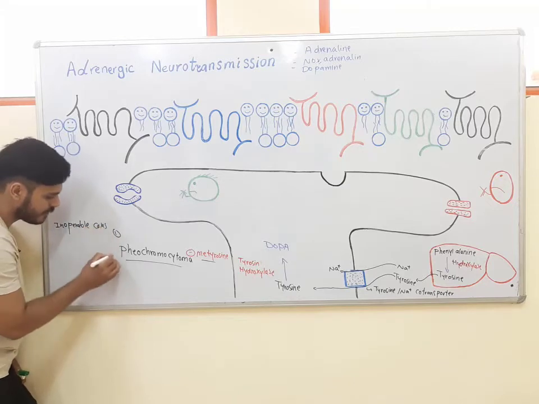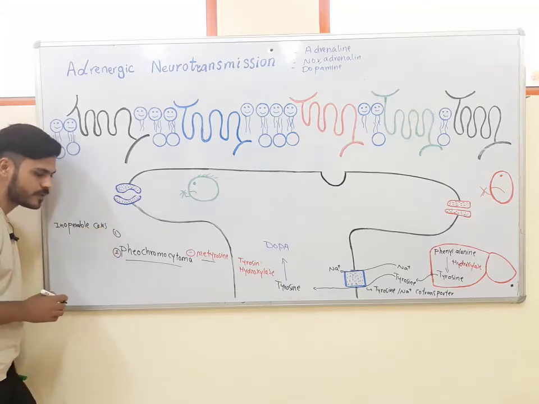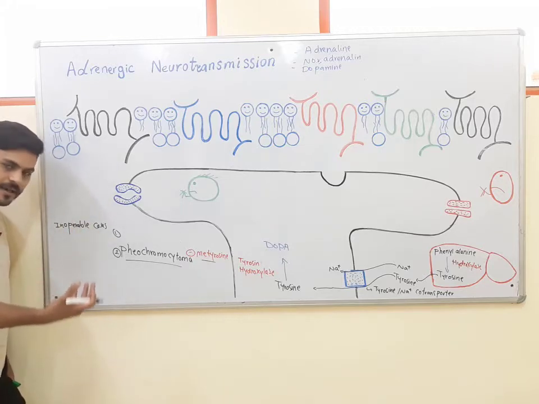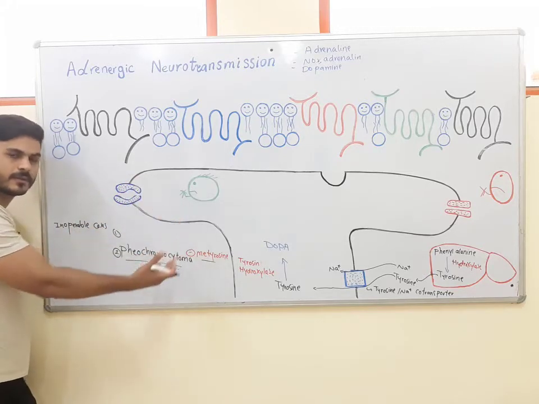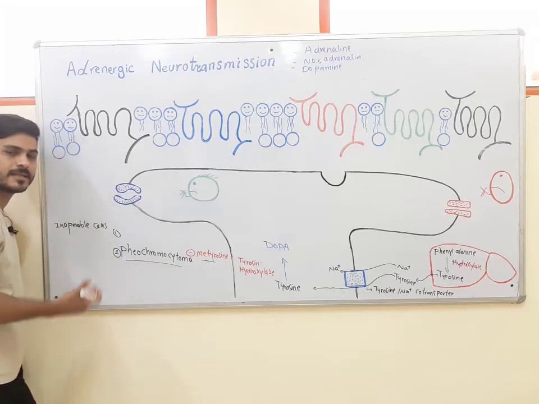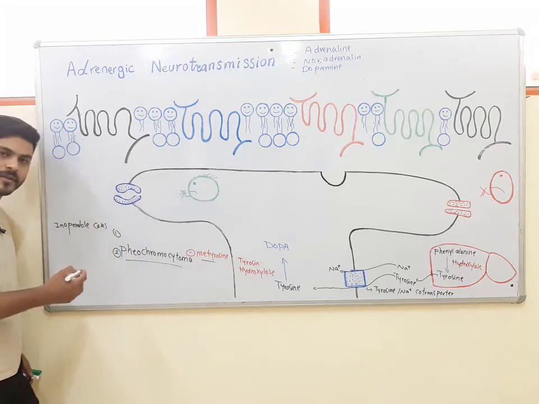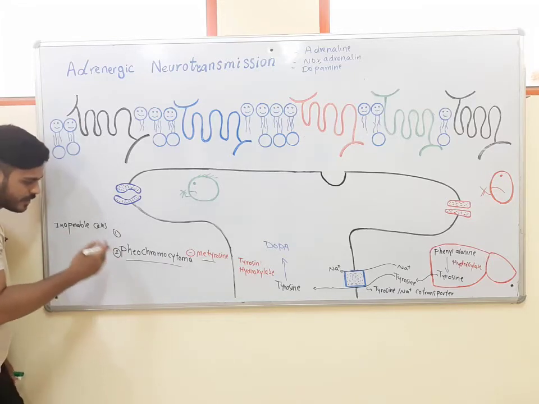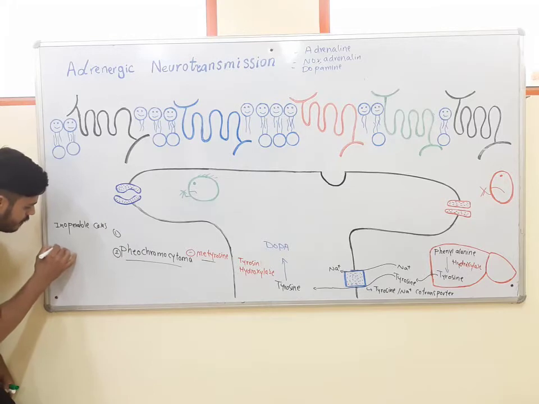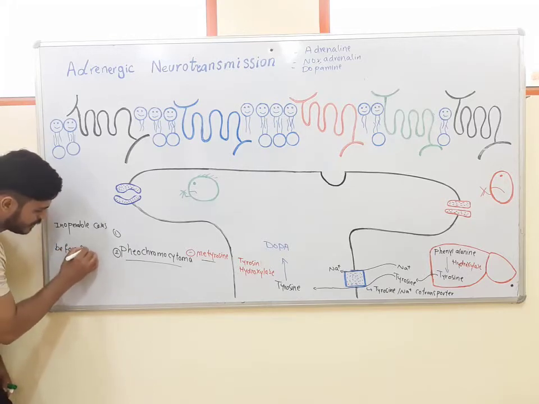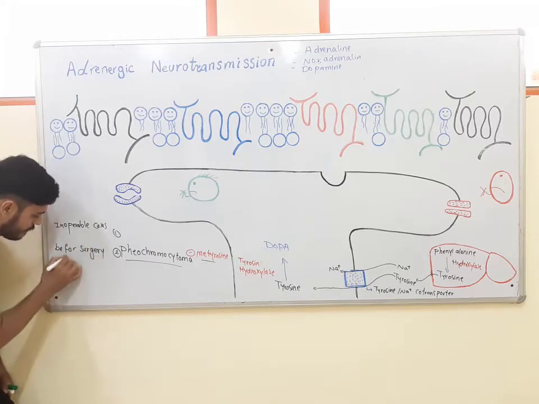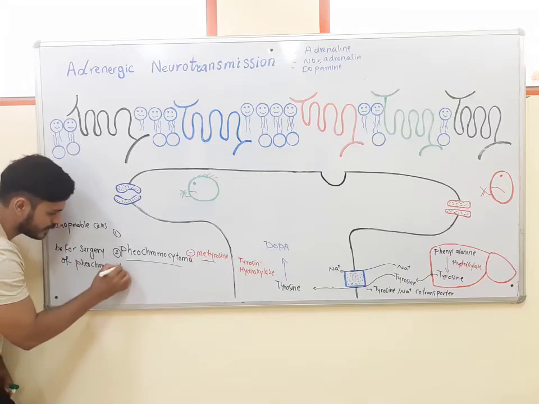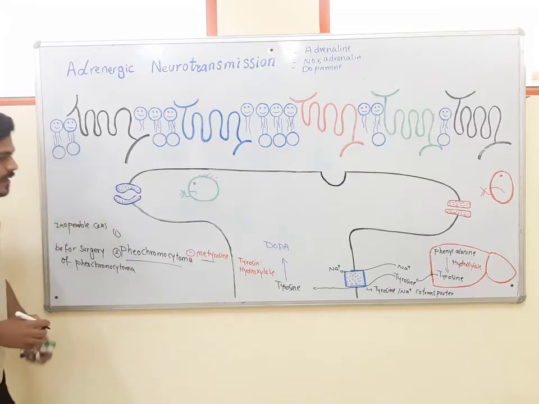Also, we can give metyrosine before surgery of pheochromocytoma to decrease the level of catecholamines and their release, so we can prevent hypertensive crisis during the surgery. These are the two indications of metyrosine.